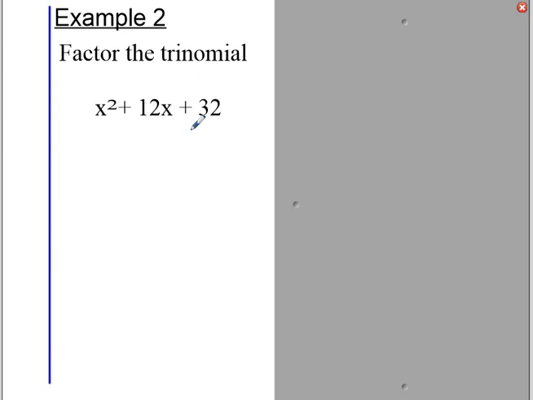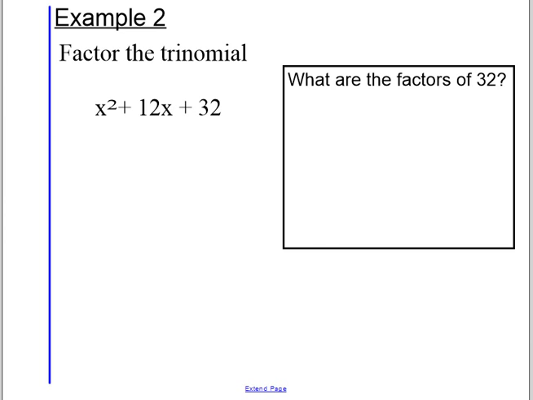Remember that the number at the end of the trinomial is made by multiplication. What kind of combination of numbers makes 32? So we have to ask ourselves, what are the factors of 32? One set of factors is 8 and 4.